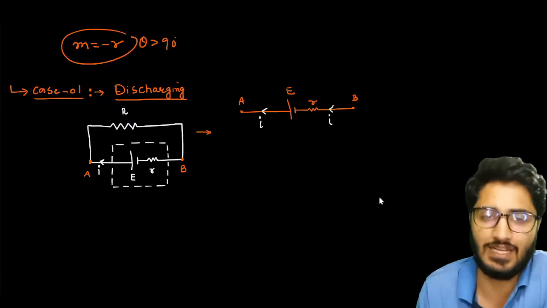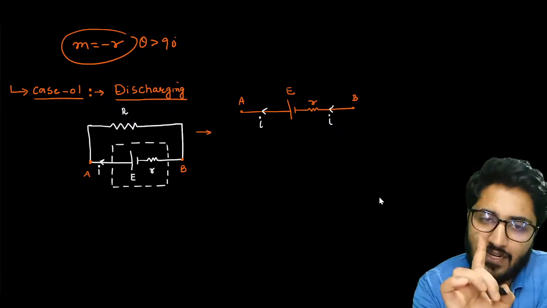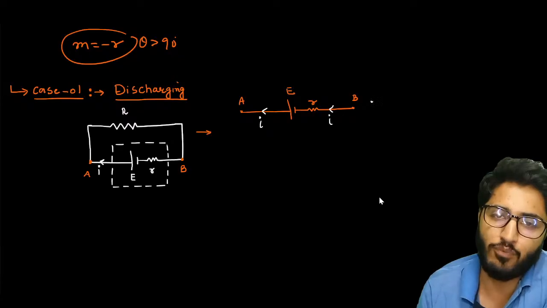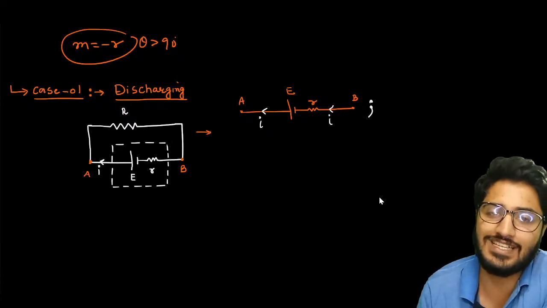We discussed this in previous classes. If your battery is giving current I, it needs to get I current inside.